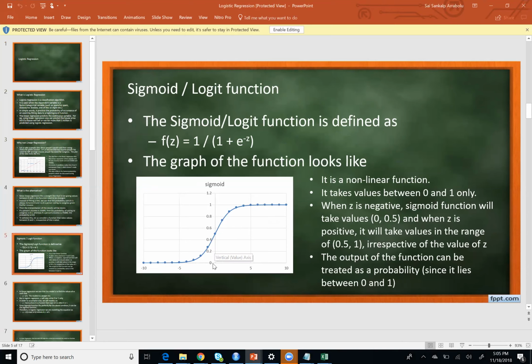No. Less than 0.5, then make it 0. So ideally, the idea behind the sigmoid is to come up with a step function which takes the value 0 or 1, where you can clearly say whether the team will lose or win, whether someone voted for Congress, whether someone voted for BJP. So is that clear? Yeah, it's clear.